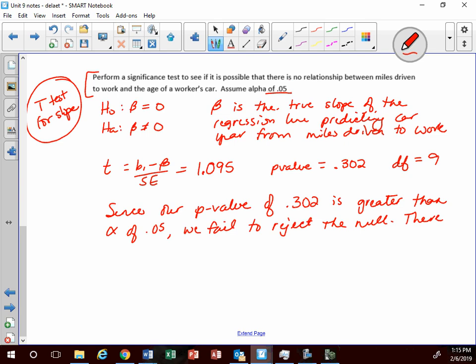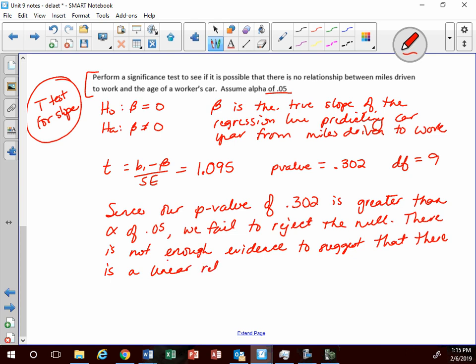There is not enough evidence to suggest there is a linear relationship between miles driven to work and car year.